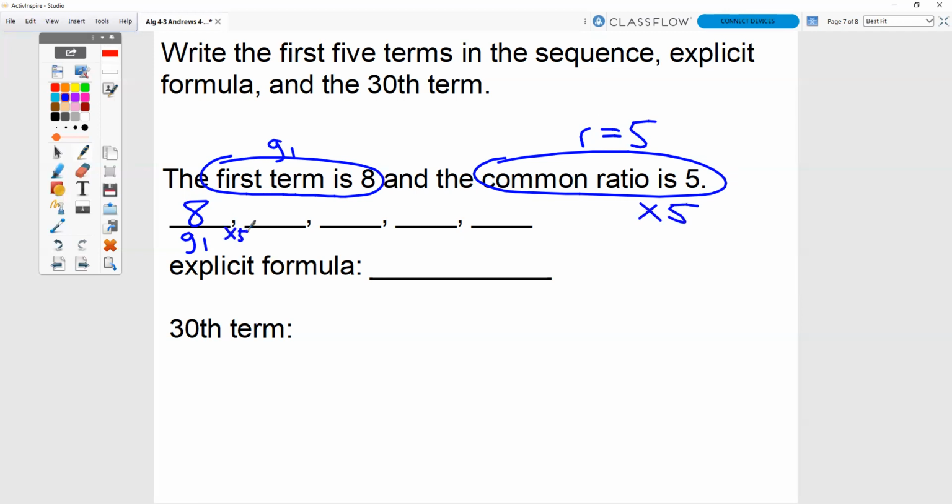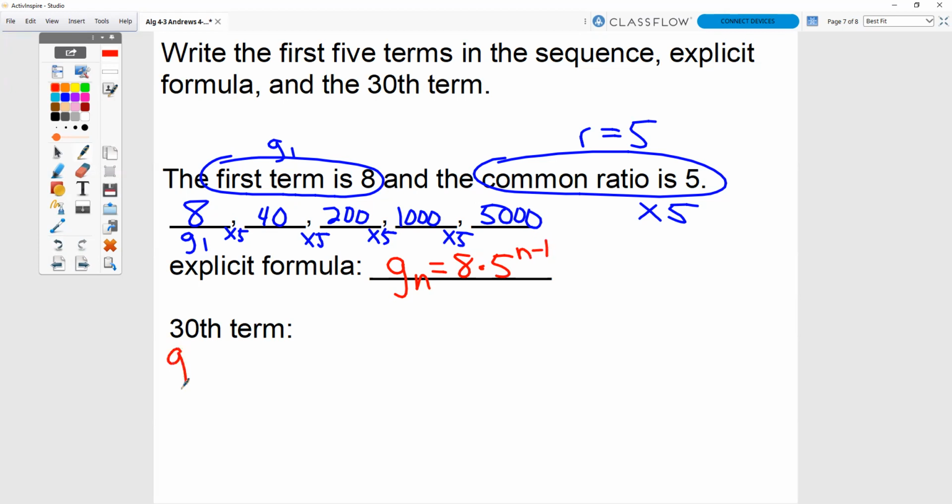So 8 times 5 is 40. 40 times 5 is 200. 200 times 5 is 1,000. 1,000 times 5 is 5,000. The explicit formula, the term that you want, your G sub n equals your first term times your common ratio of 5 to the n minus 1 power.